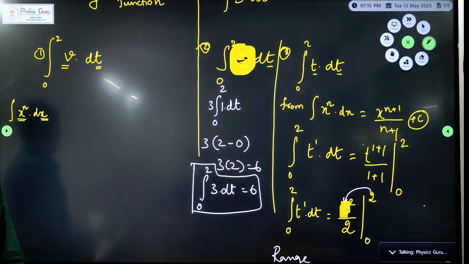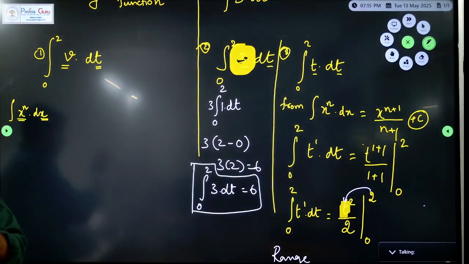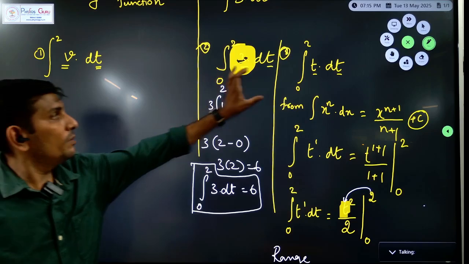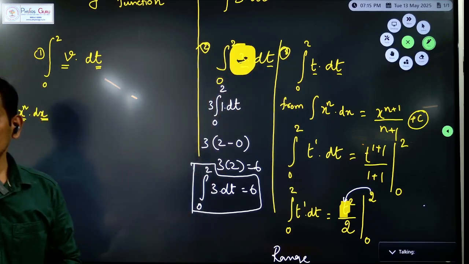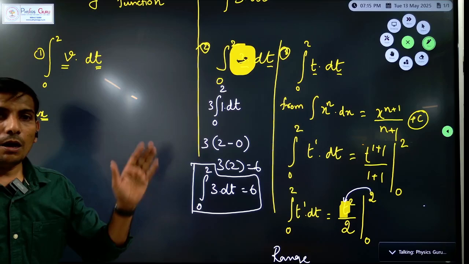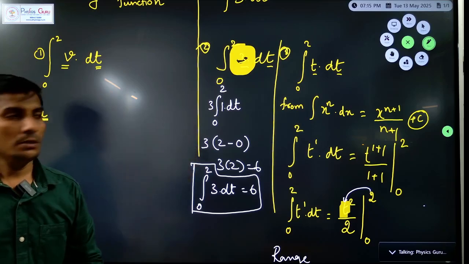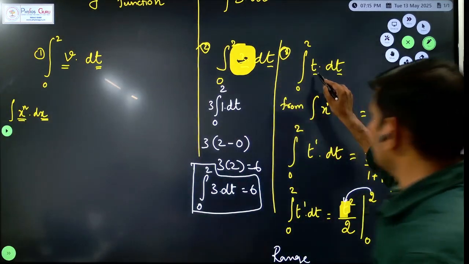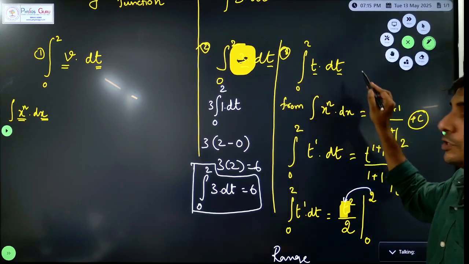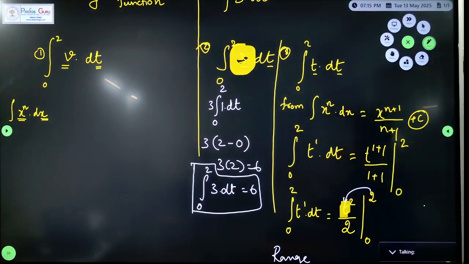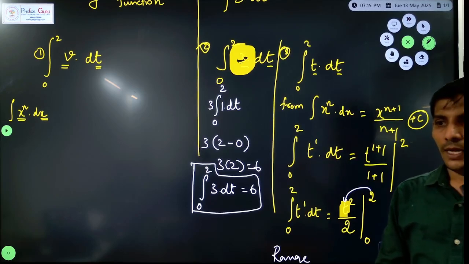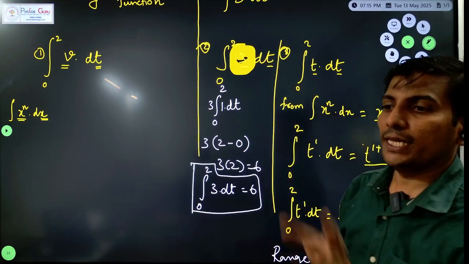Got it? So what should you look at first? Is there an argument, function pair? If there is, the quantity of the argument and the quantity of the function are the same. Then break it using law of integration in the first stage, and in the second stage find the range.